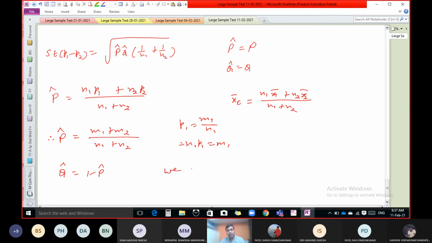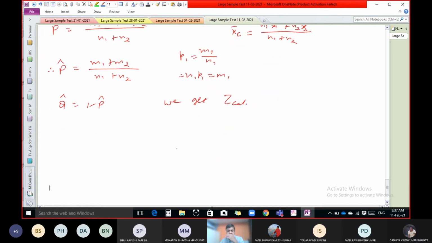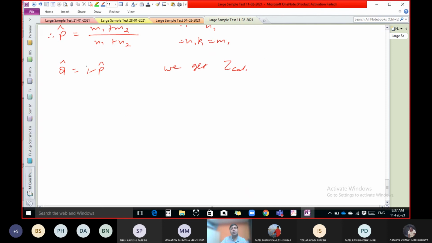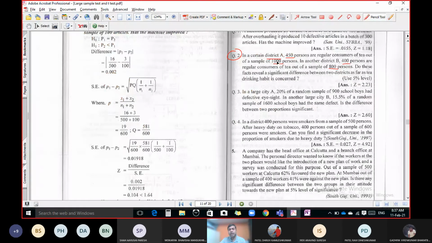We get the calculated value of Z, that is ZCal. So ZCal is available from this step 2, and the remaining 3 steps are the same as the previous test. So let us complete that question number 2. According to this data, what are this 450 and 1000?